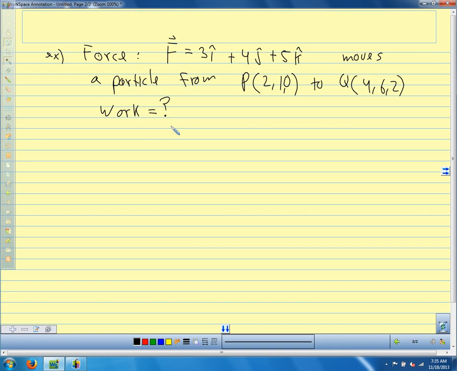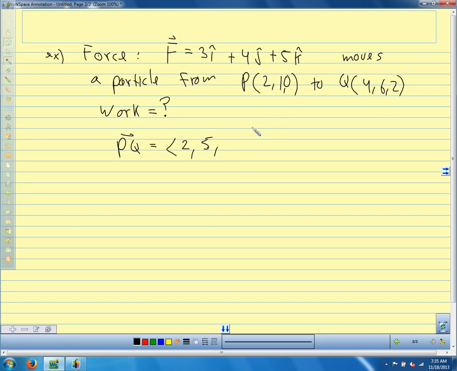First we need our vector PQ. So what's PQ going to be here? What's our vector from P to Q? So we're subtracting: 4 minus 2 is 2, 6 minus 1 is positive 5. There we go.